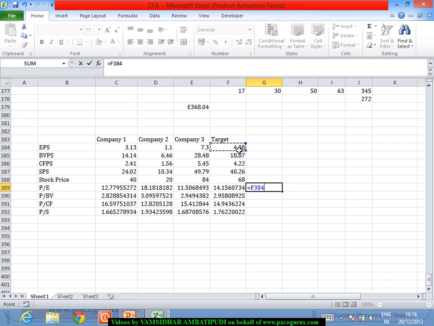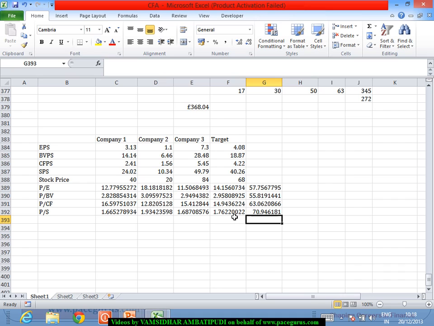So using the EPS, the expected price is some 57.75. Using the book value, the expected price of the target is 55.81. Using the cash flow per share, the expected price of the target is around 63, and using the sales per share, the expected price of the target is somewhere around 70.